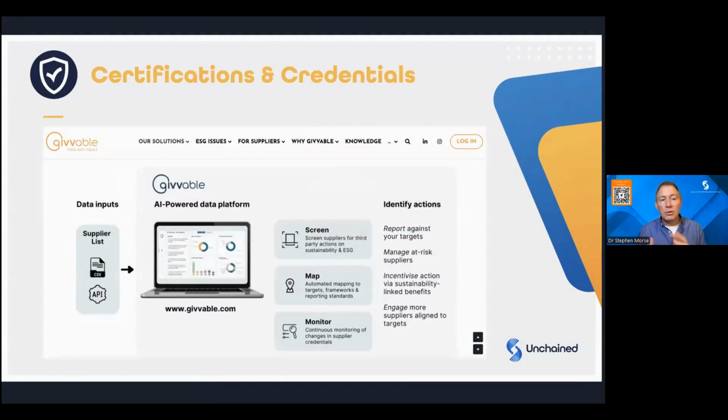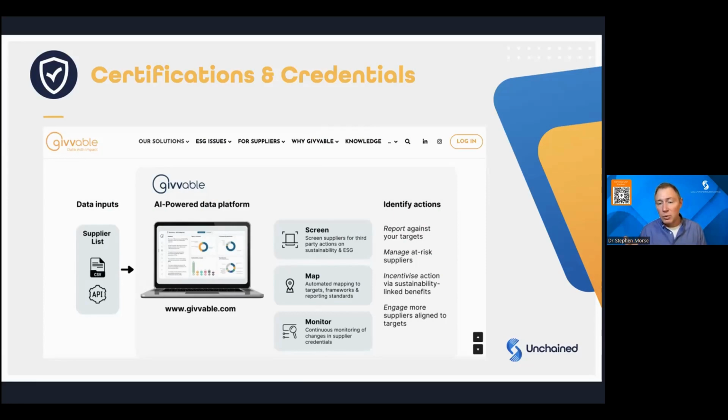Another area to consider is certifications and credentials. An AI platform which has emerged over the last few years that we're in partnership with is Givable. Givable provides a snapshot of suppliers in terms of the different credentials, attributes, and certifications they have. Big corporates are beginning to use these platforms to screen their suppliers in advance, to see what they're saying about themselves in terms of a broader ESG framework.